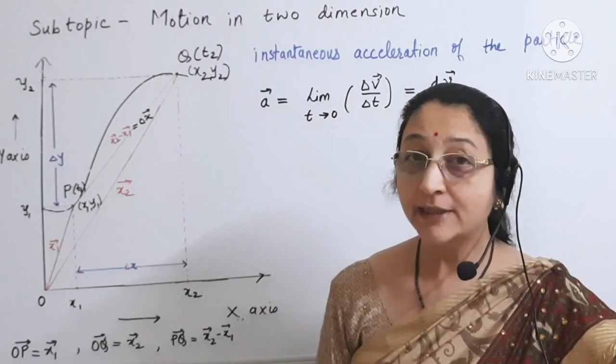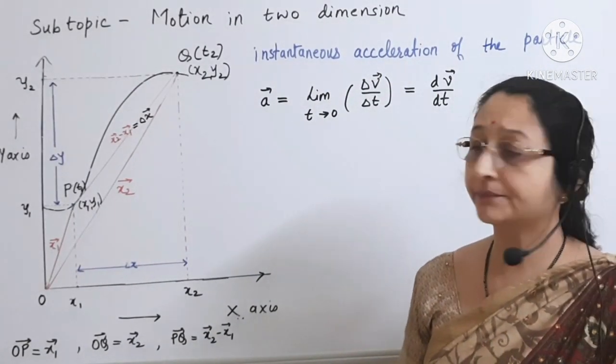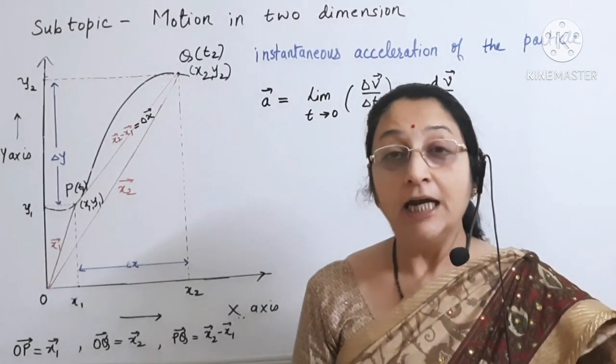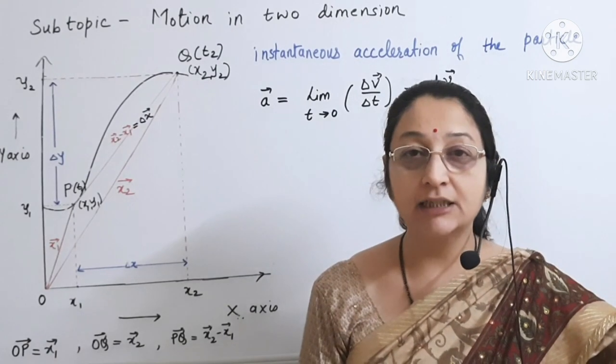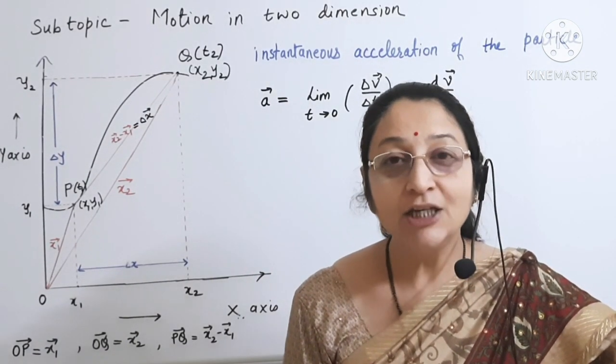Now we are going to discuss about the instantaneous acceleration of the particle. Now what is the definition of instantaneous acceleration? It is the limiting value of average acceleration when time interval is tending to 0.